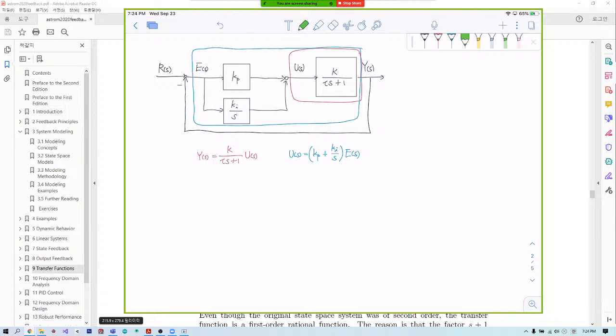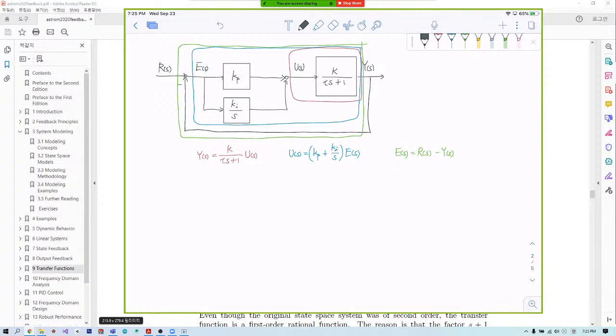And lastly, if we take a look at this portion, our system configuration, we can find the expression for this E of s, which must be basically the difference between R of s and Y of s, where R indicates the desired point, the reference value, and Y is our current sensed value. Alright, cool. So now it's all plug and play.